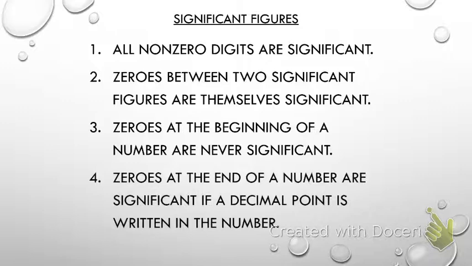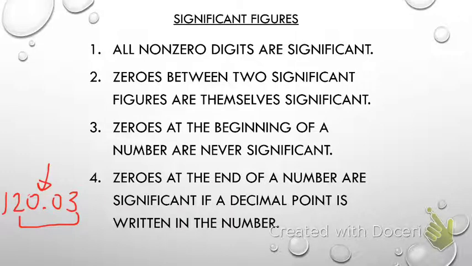A 0 at the end of a number is significant if there's a decimal point written in that number. So let me give you some examples here. If we say this, 120.03, all of these zeros are significant because, well, one reason is we've got a 2 and a 3 that's significant, so these are the middle zeros.